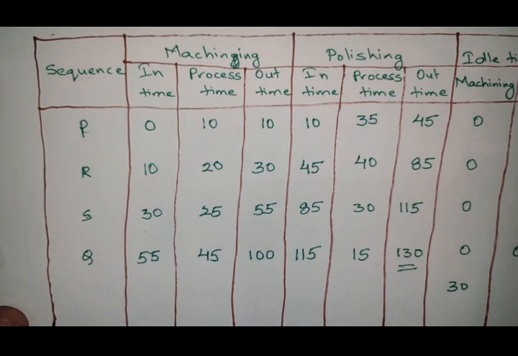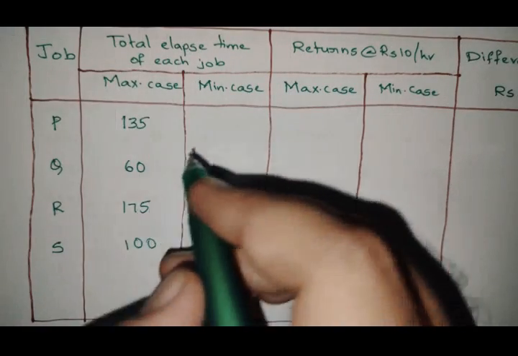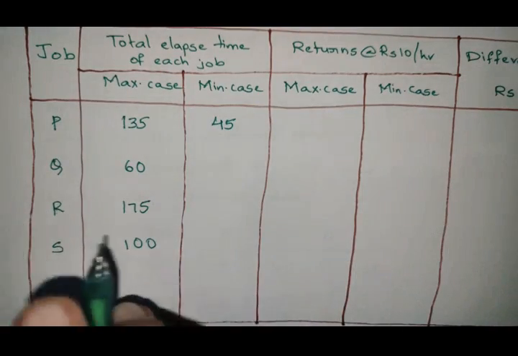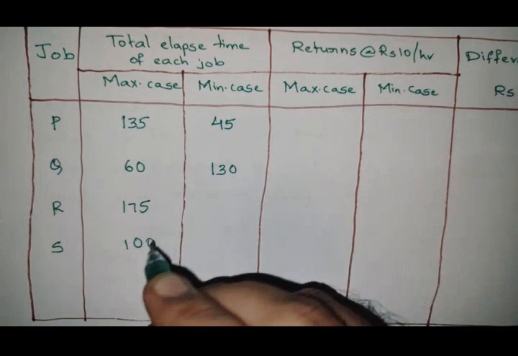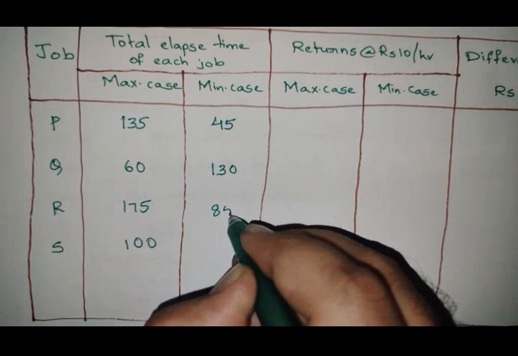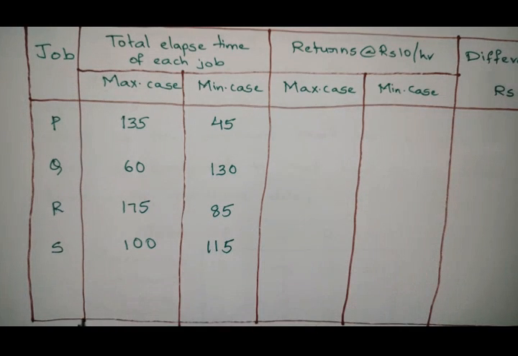So let us write those values here: for job P 45, for job Q 130, for job R 85, for job S 115.